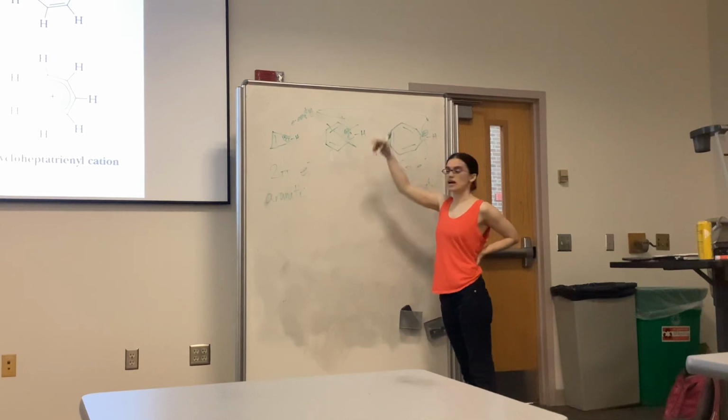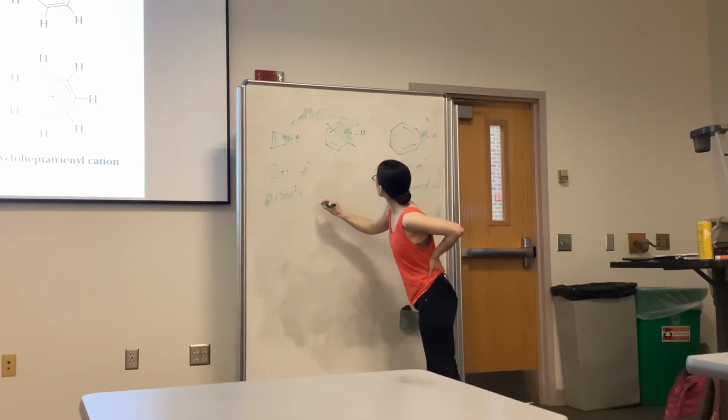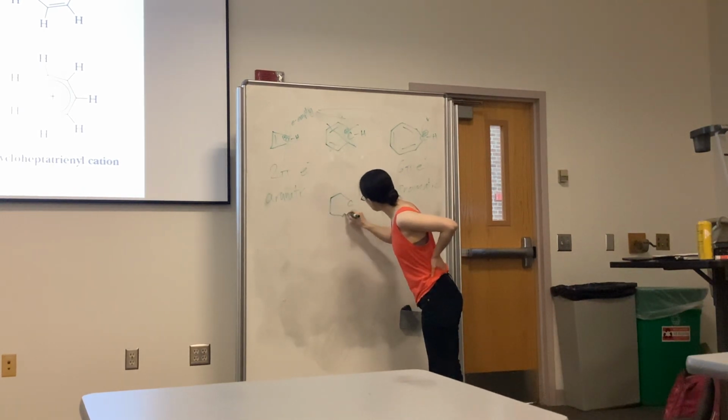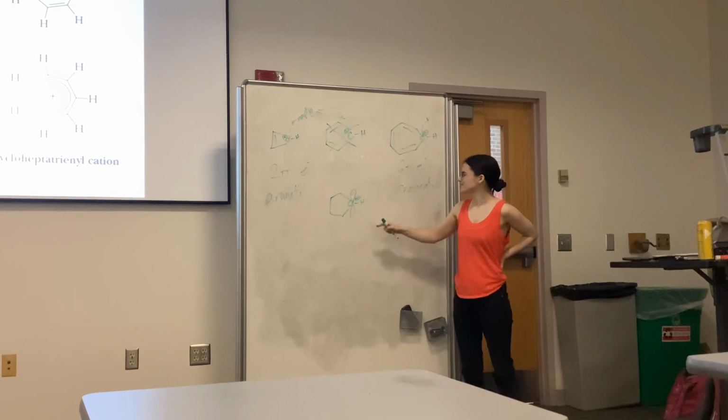Because then we've got 6 pi electrons. So what if, instead, for this one, we do a negative charge, and then I'll do a little, there.